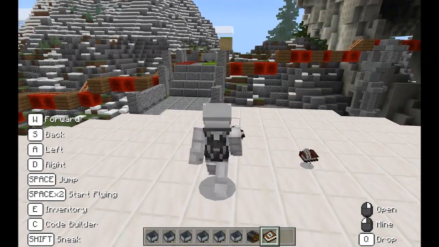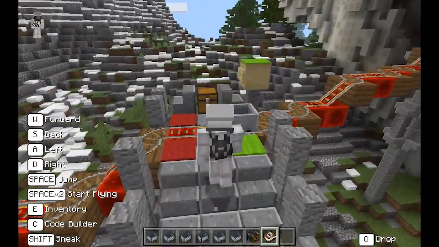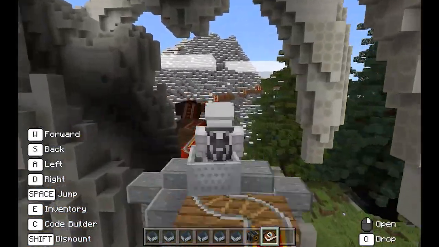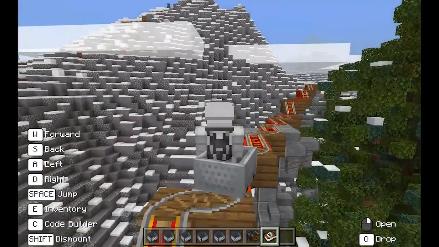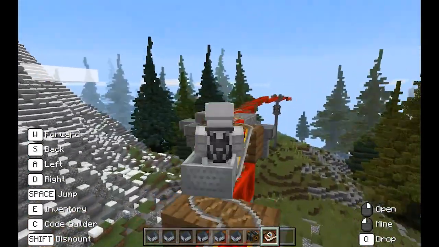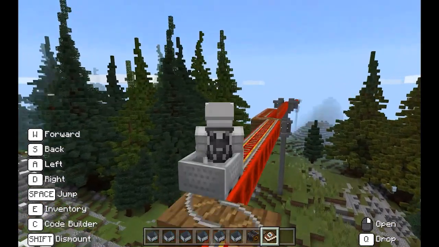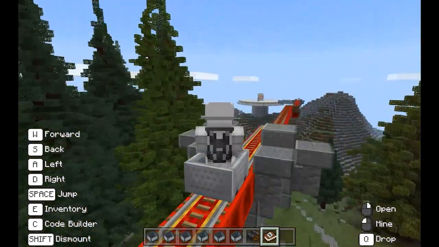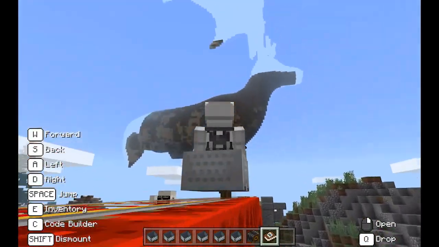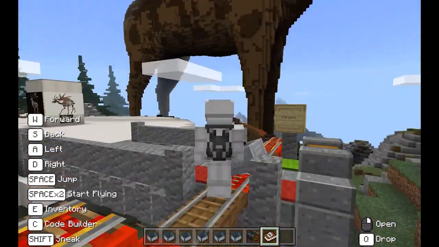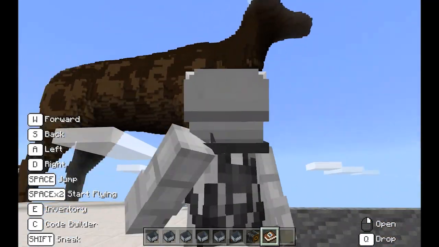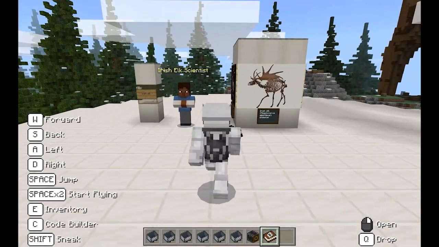Let's head on and check out what the next one is. I hope it is a dinosaur. Let's go. This kind of looks like a big deer or an elk or a moose.